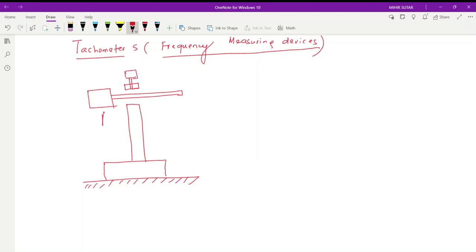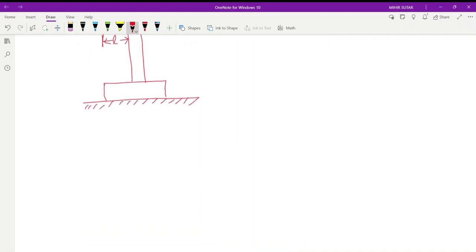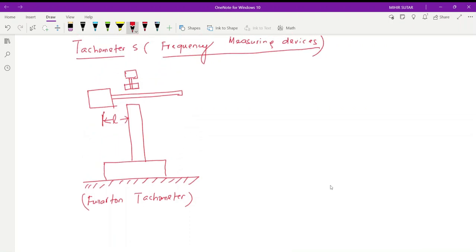Let's say this length is your L. This is called electron tachometer. And the other category of tachometer is known as Franz speed tachometer.